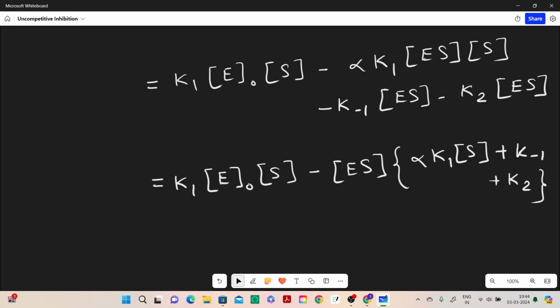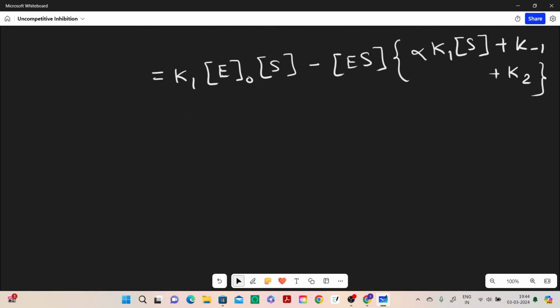Now from the steady state approximation, we know that the rate of change of the enzyme substrate complex over time, or dES by dt, is equal to 0.